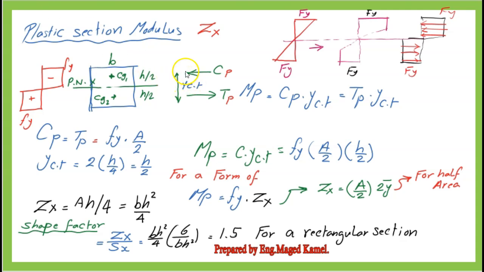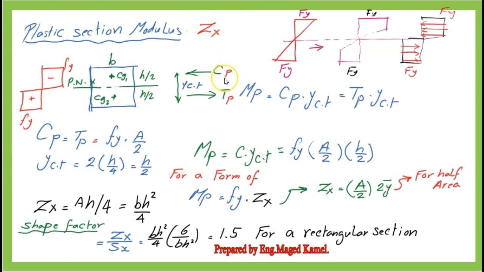Both forces will act on the CGs, or the centers of gravity, at h over 4 above and below the neutral axis. The term y CT is the distance between the tension and compression forces, which will be equal to h over 4 plus h over 4 equals h over 2.